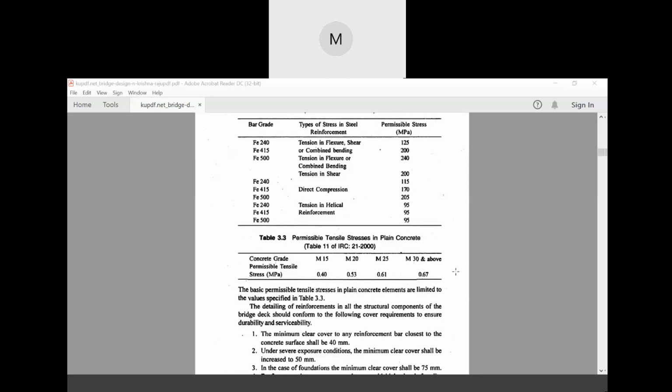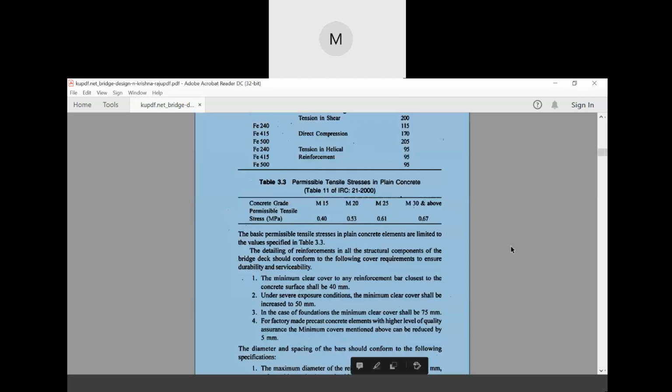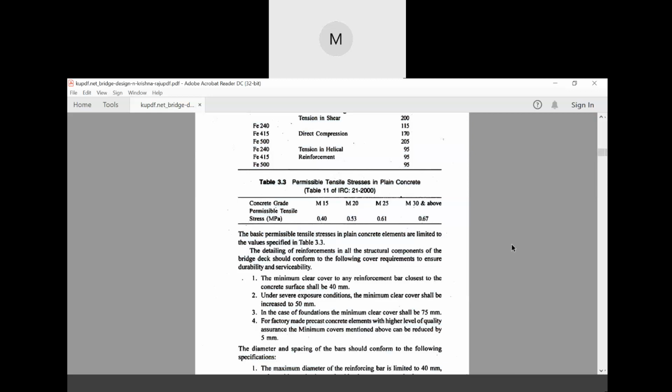So here are the basic permissible stress values. This shows the different concrete grades and these are the stresses. Now these basic permissible stresses in plain concrete elements are limited to the values specified in table 3.3.